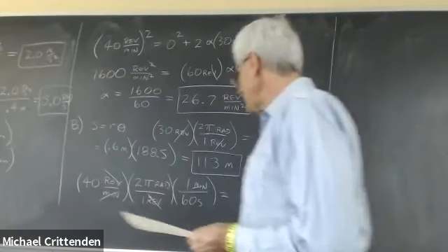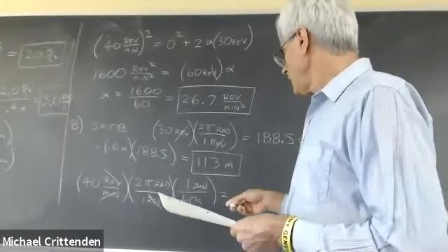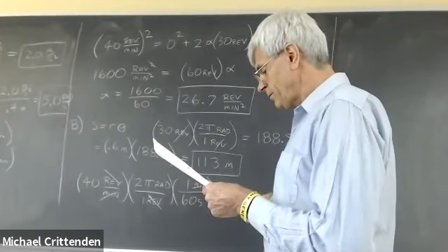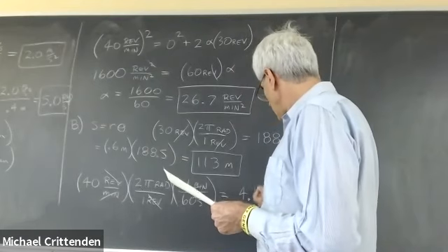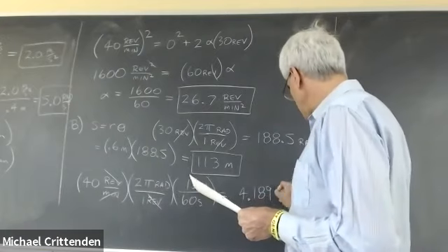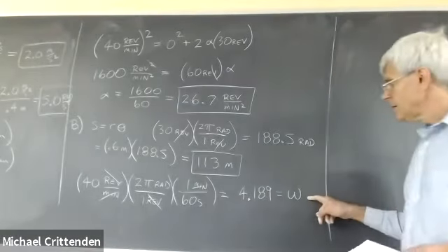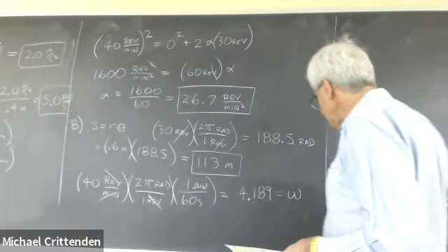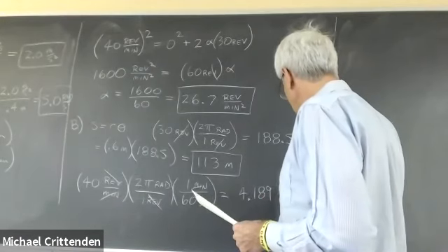So doing the same thing I've done several times at this point, 40 revolutions per minute is equivalent to 4.189. 4.19 is close enough, really. I should have written the unit next to that: radians per second.